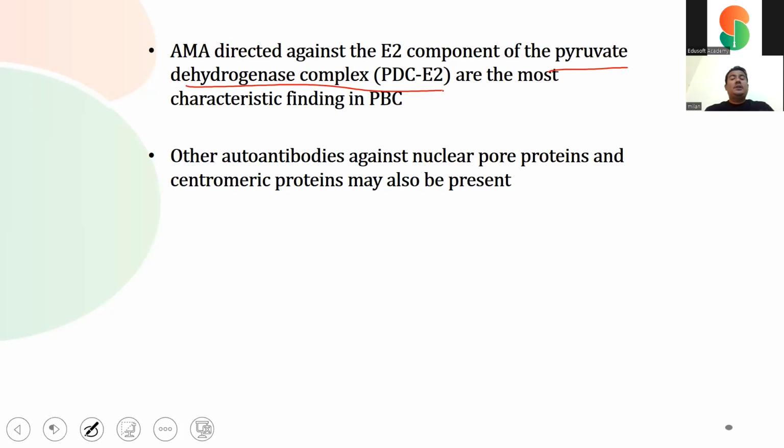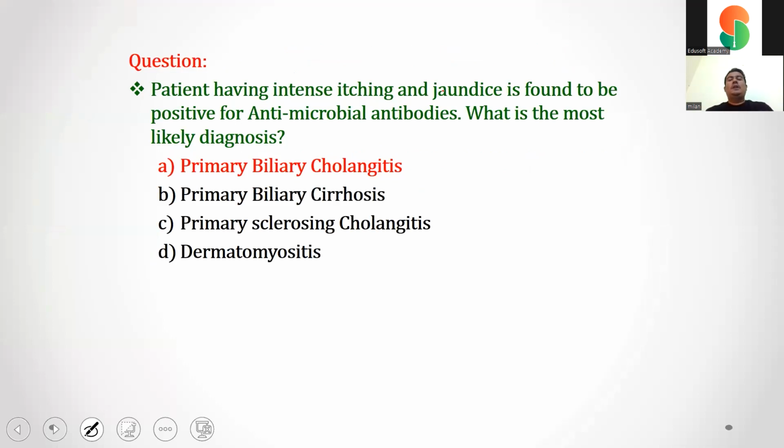Other autoantibodies against nuclear proteins and centromeric proteins may also be present, but the pathognomonic finding of primary biliary cholangitis is positivity for antimitochondrial antibodies. So option A is the correct option in this question.